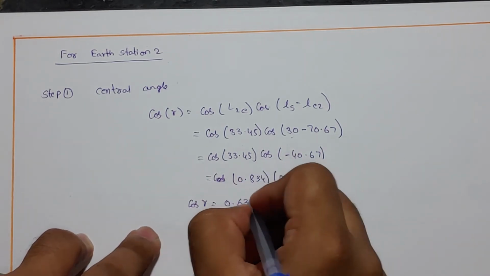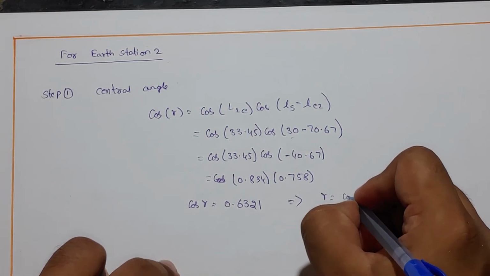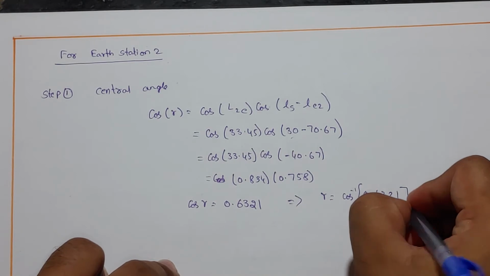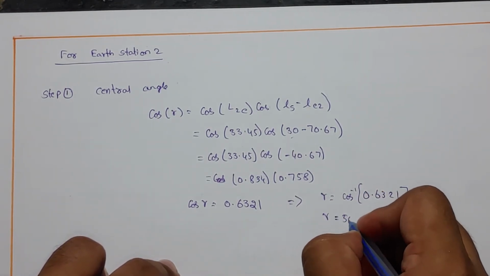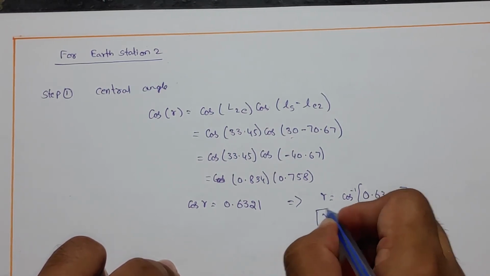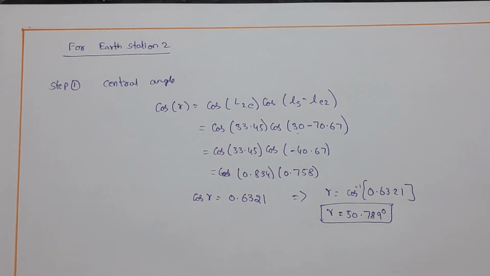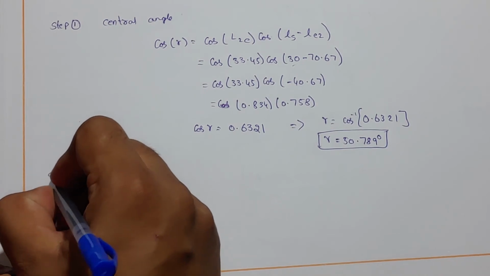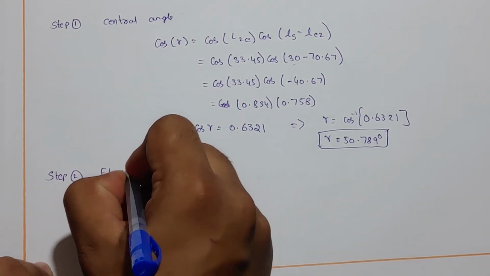On sending this cos to this side, we will get R equal to cos inverse of 0.6321, which is equal to 50.789 degrees. Now we need to find in the step 2 elevation angle.